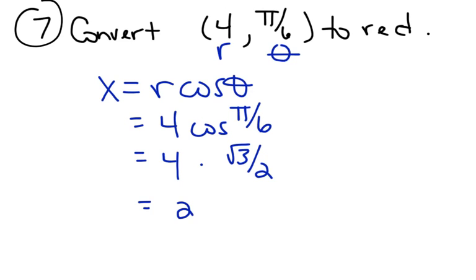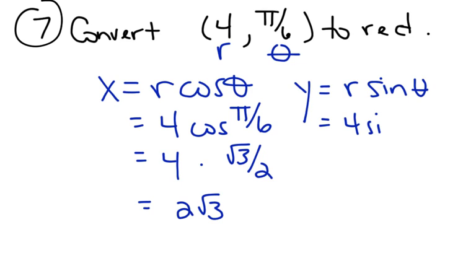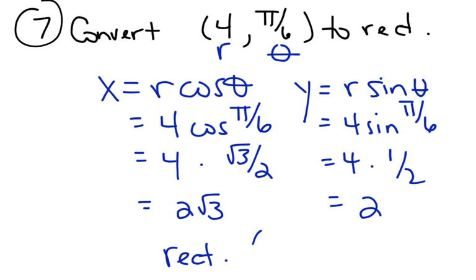So the answer is going to be 2 square root of 3. The y-coordinate is r sine theta. So it's going to be 4 times the sine of 30 degrees. The sine of 30 degrees is 1/2. So y is going to be 2. So the rectangular coordinates are (2 radical 3, 2).